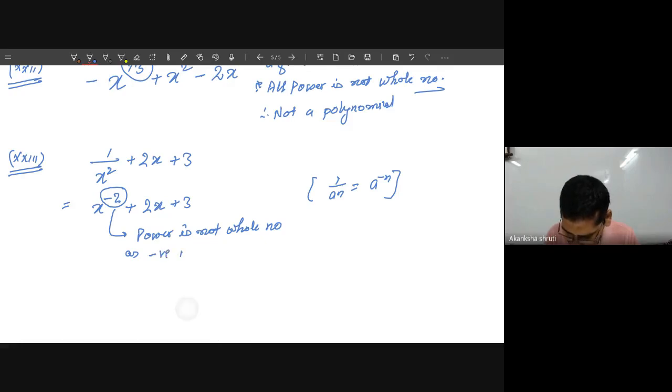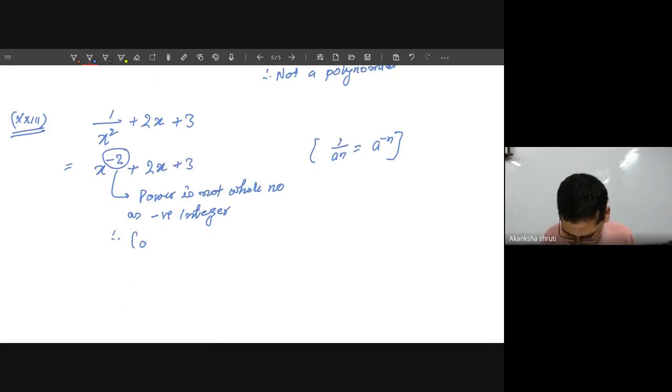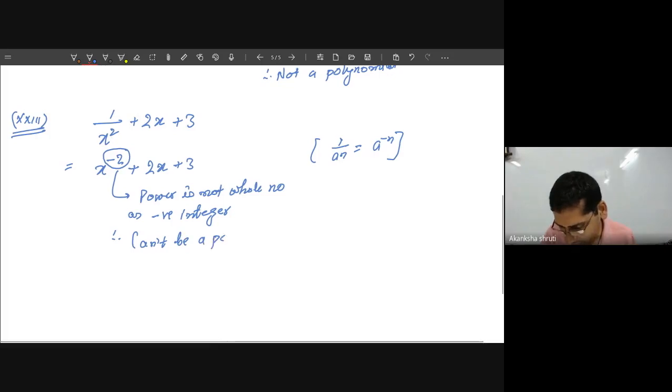It is a negative integer. So when the power is a negative integer or negative fraction or any kind of decimal, it cannot be a polynomial. Okay, student? So let us write: it is a negative integer. Therefore, it cannot be a polynomial.